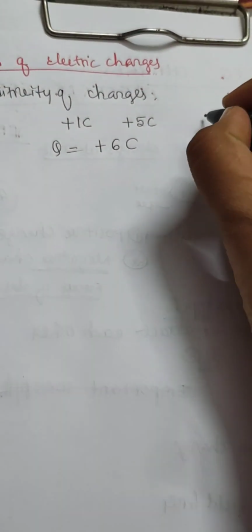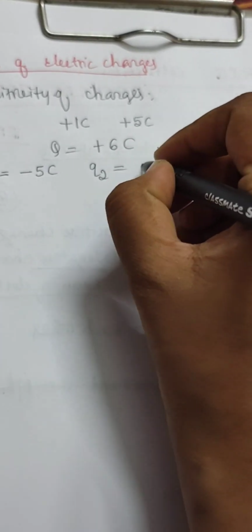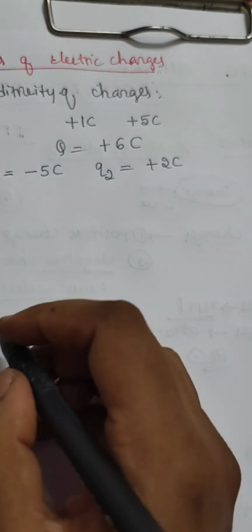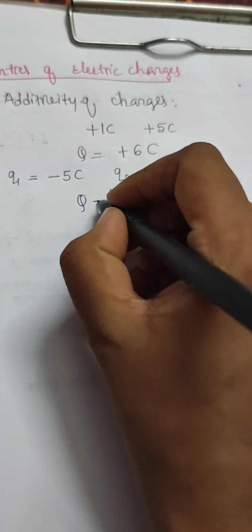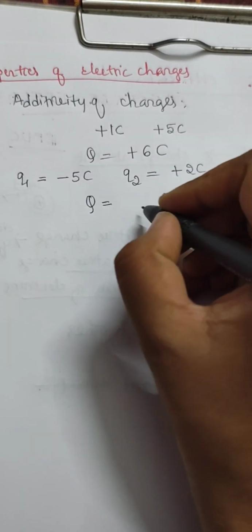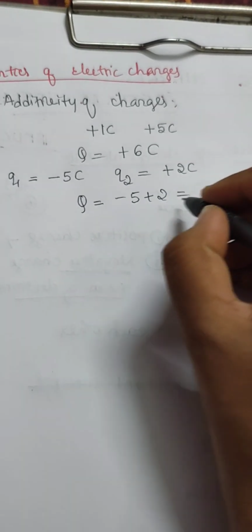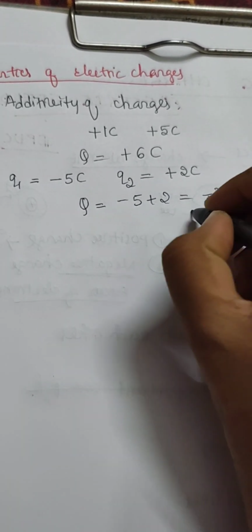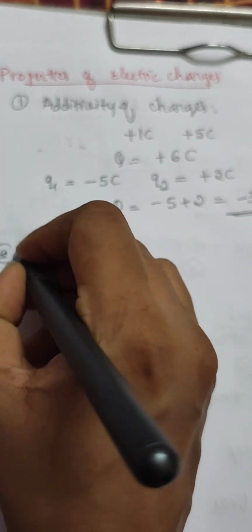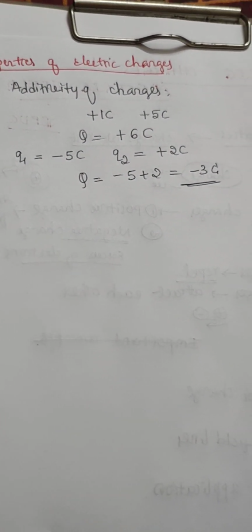If there are charges like q1 as minus 5 coulomb and q2 as plus 2 coulomb, the total charge we can tell as q1 plus q2, that is minus 5 plus 2 coulomb, that is minus 3 coulomb.